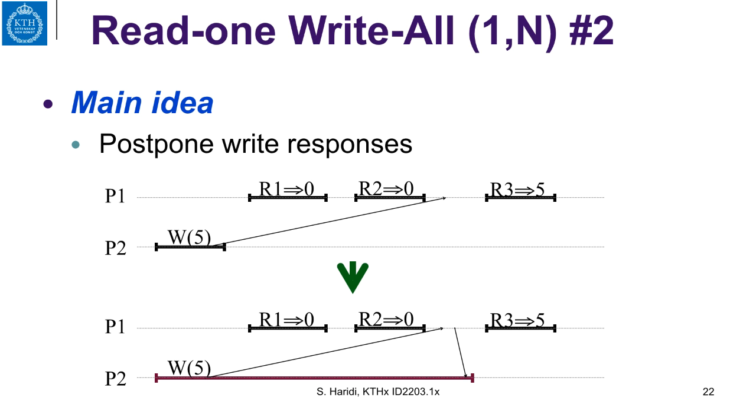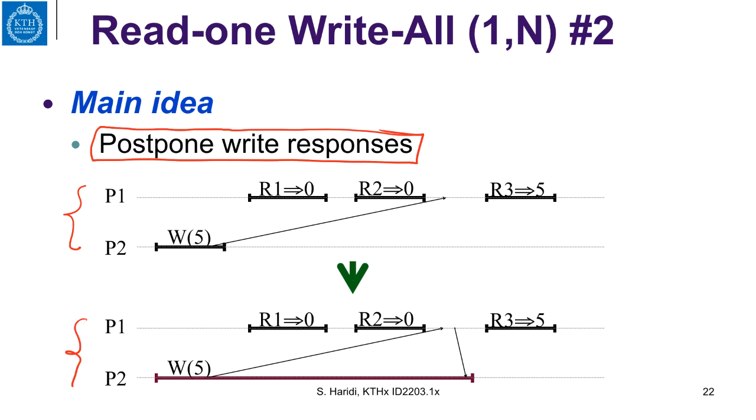So here is our old example, and the basic idea was to postpone the write responses. Here is the example that did not work, and here is now our correct example. In this case, the writer does not complete its write operation until this point, where it receives an acknowledgement from process P1. Assume we have no other processes.